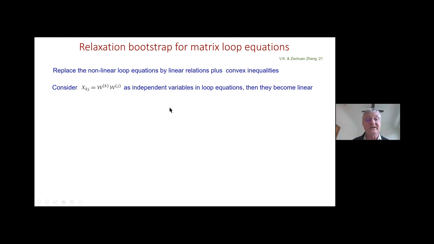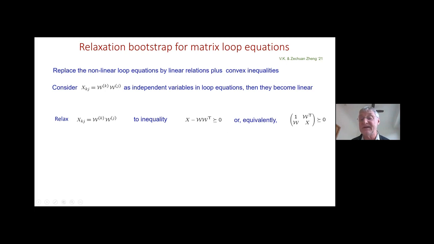But then we relax this equality to an inequality in terms of this matrix positive definiteness, that the matrix X defined here is, okay, this combination is positive definite.